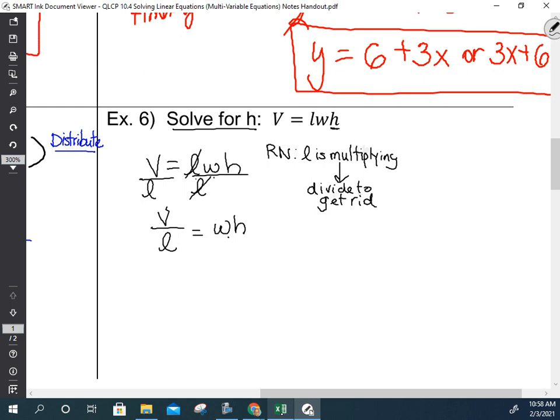Think about what you just did to the L, and you're going to have to do the same thing to the W. W is also multiplying times H, so you're going to have to divide that too. So you have L and W and H. So now H is by itself.